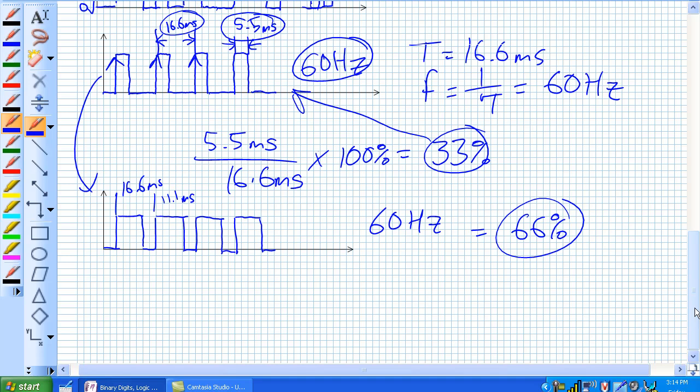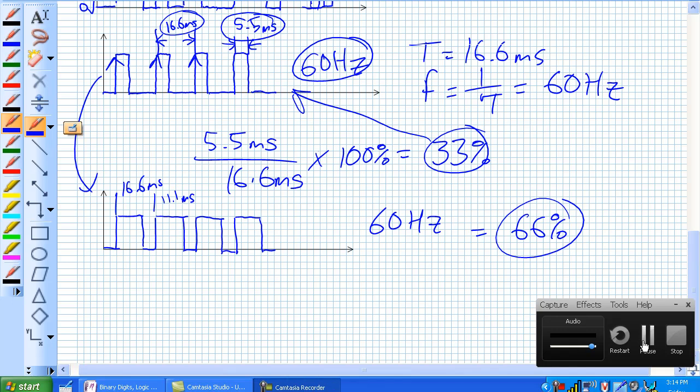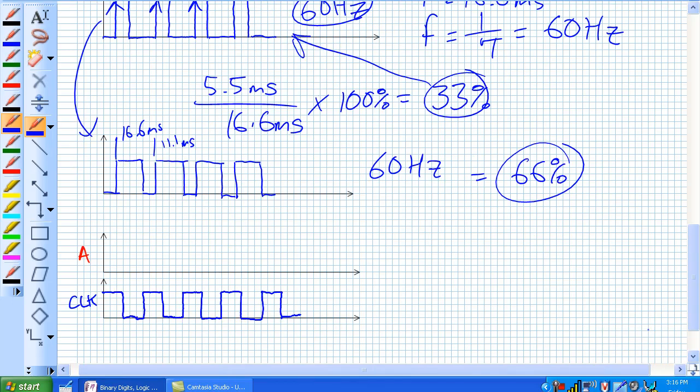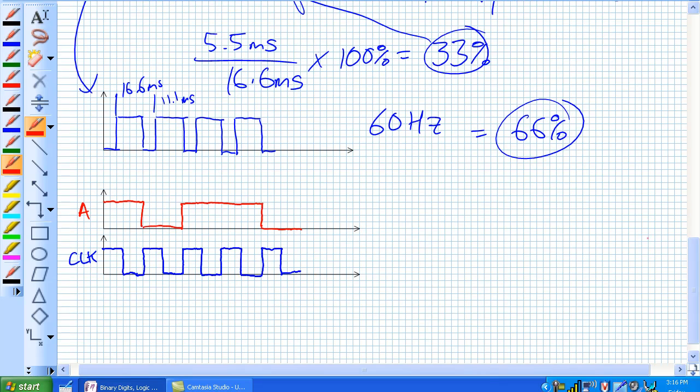Okay, a digital waveform, again, carries information, and the bit time is defined by the clock, okay? So given this clock waveform right here, and we've got a waveform A that looks like this, what value is A taking as defined by the clock?